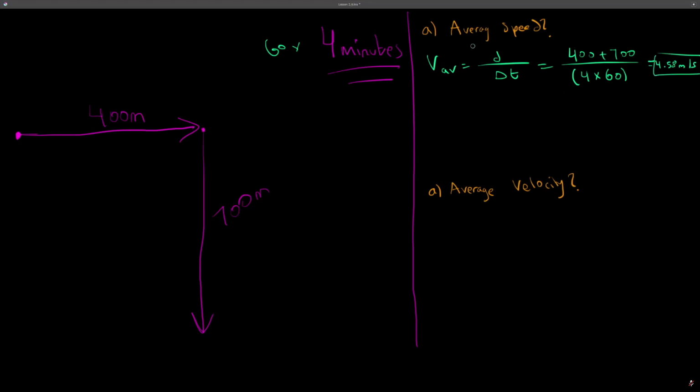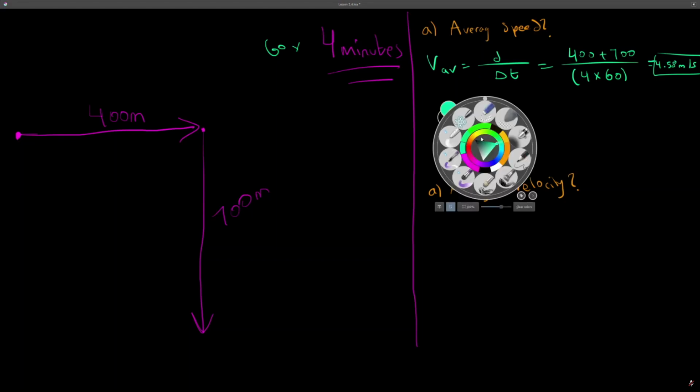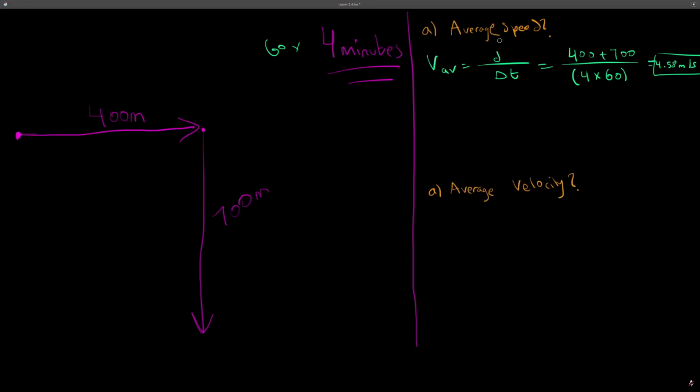Now, the next question asks us to find the average velocity. For velocity, we need to specify direction. If we want to find the average velocity, we need to find the distance of this line.